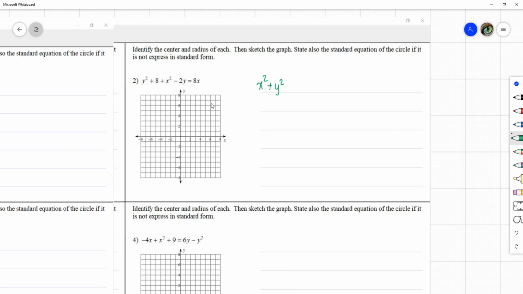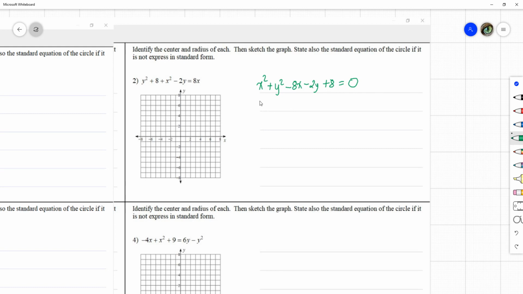Here we have the 8x on the right side, so that becomes negative 8x, minus 2y plus 8 equals 0.